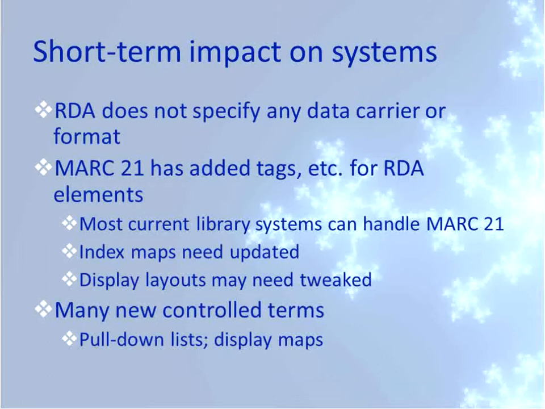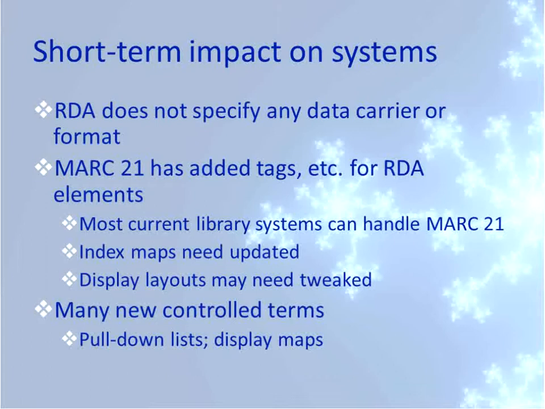Systems, therefore, in the short term, can expect to have new MARC 21 tags appearing in records, and systems librarians will have to ensure that their systems make those tags visible.